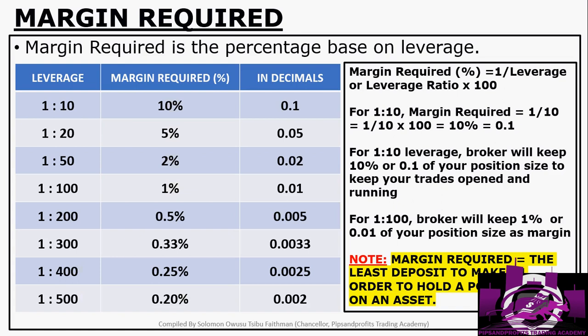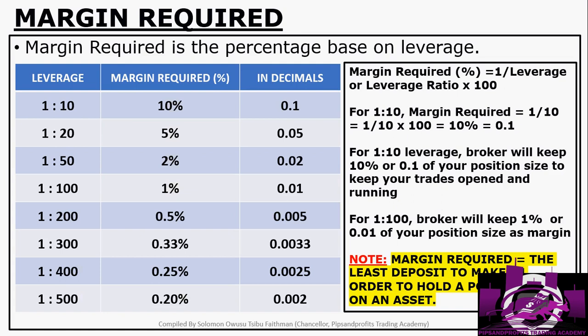And this 10% in decimals is 0.1. And then if you are being given a leverage of 1:20, that is 5%. In decimals, 0.05. Okay. The same thing applies when you are being given a leverage of 1:500, and that one is going to be 1 over 500 times 100, and when you do the calculation very well, you are going to get 0.2%, and that 0.2% in decimals is 0.002.